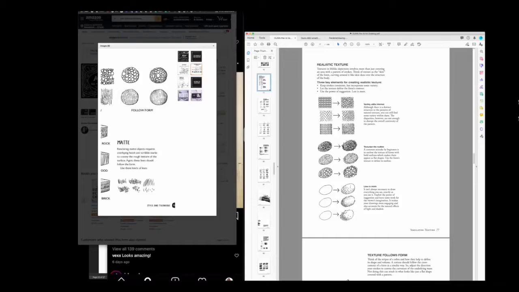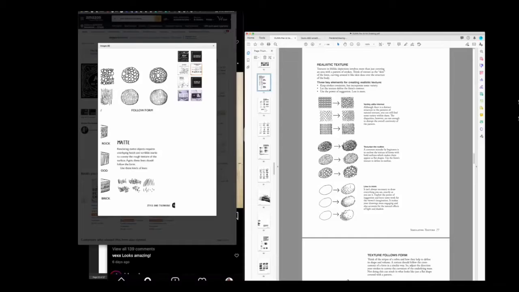So Dunn's initial argument is that what Parker drew was a circular and a short hair texture onto a square, and then demonstrated variety on a circular version and follow form on a circular version with those same textures.